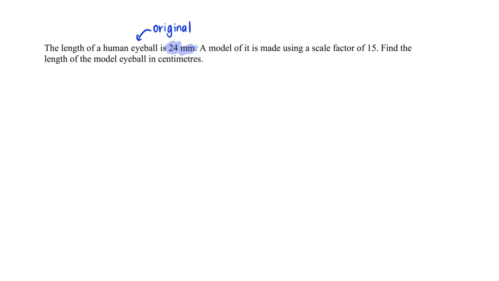And we are going to make a model for it. The model has a scale factor of 15, means that it will be an enlarged version, because 15 is bigger than 1. So find the length of the model eyeball in centimeters.